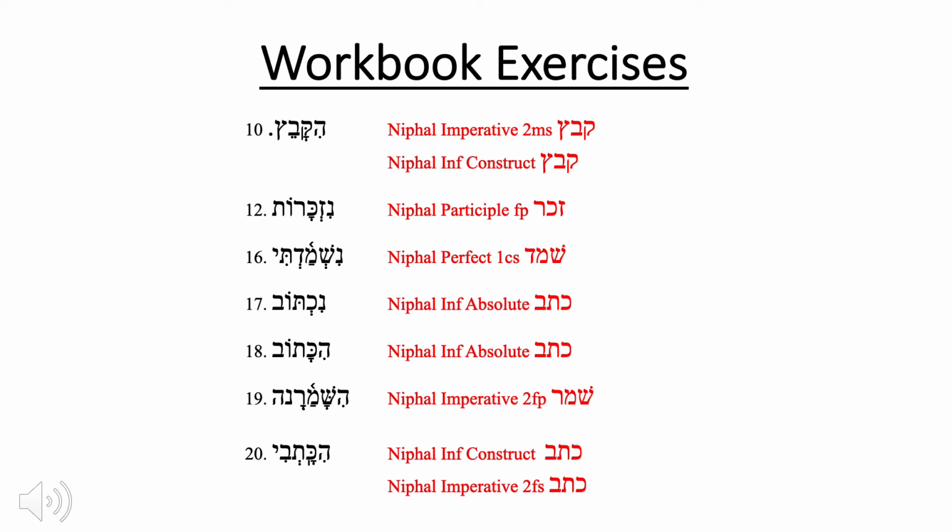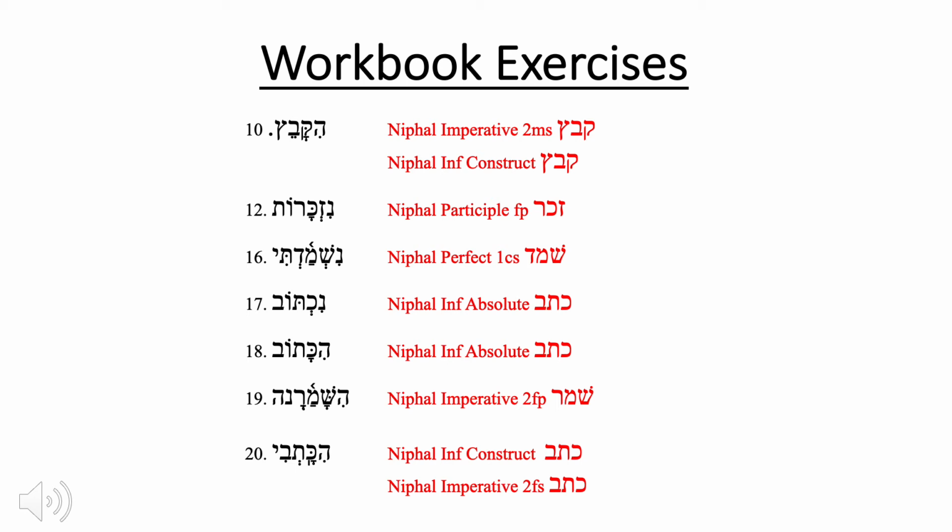So we're left either with an infinitive construct that has the 1cs on the end of it here, or we're left with a nifal imperative 2fs. And in this particular case, either one of these is correct. So infinitive construct with a 1cs ending, or a nifal imperative 2fs that has lost the tav off the front and supplied the hey.